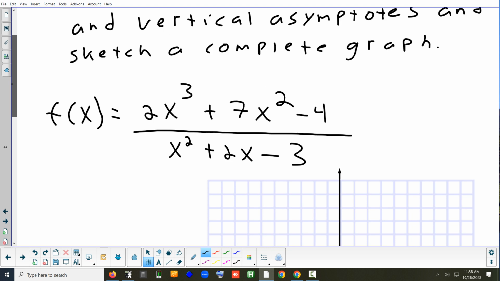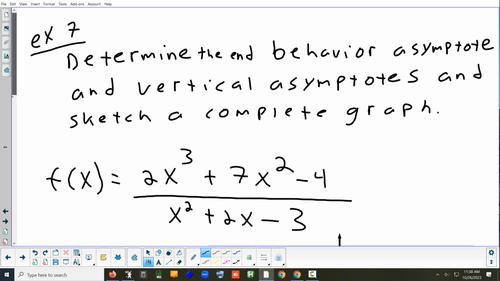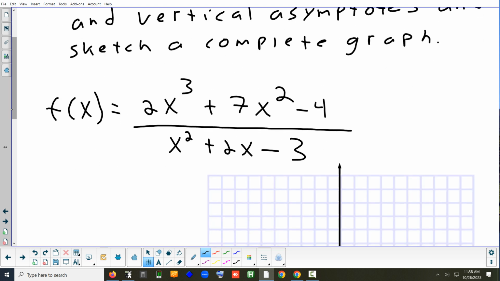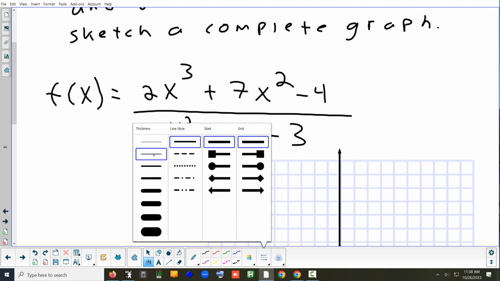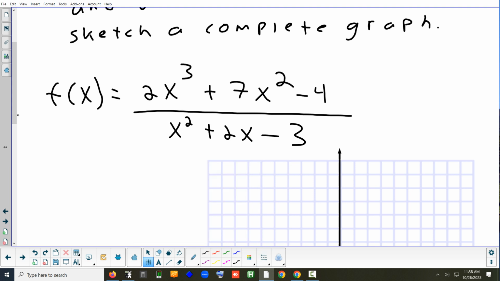Okay. How do I find the EBA? What do I have to do? Well, for this one, the EBA would be 2x, but to find it, you divide the 2x cubed by x squared. Okay.